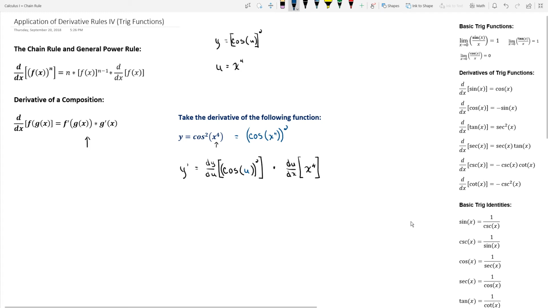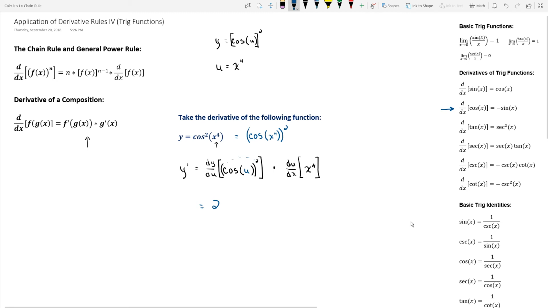So let's go ahead and start solving this down. For the first portion, with respect to u, we're just working with the outside, and we're going to bring the exponent down. Cosine of u, or cosine of x, I have them written here on the right side. So we have the identity of negative sine x. Well, in this case, we've replaced x with u.